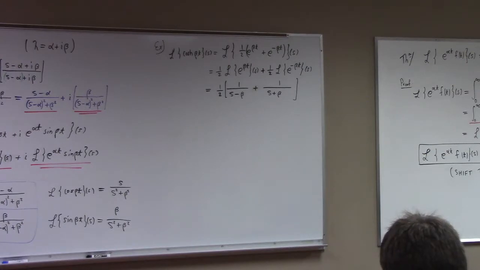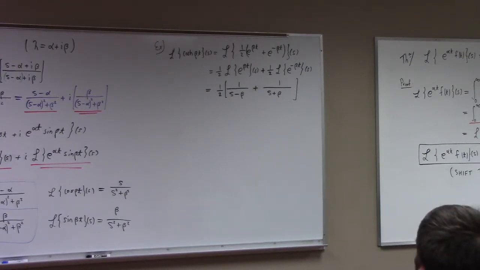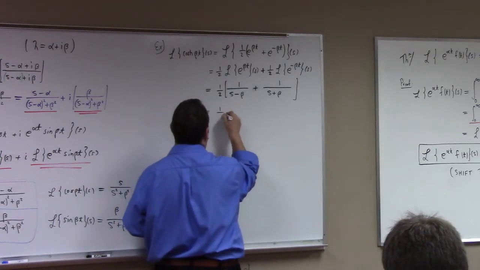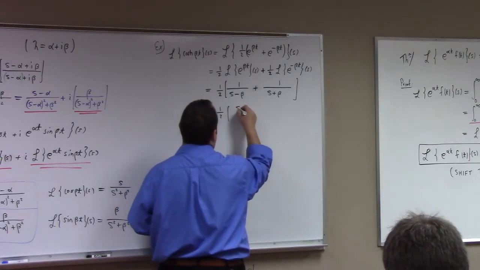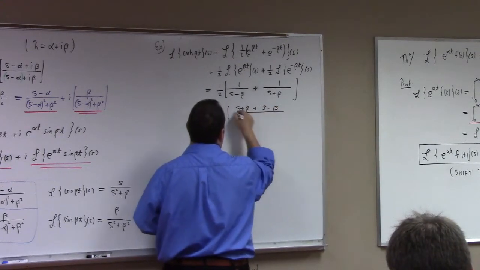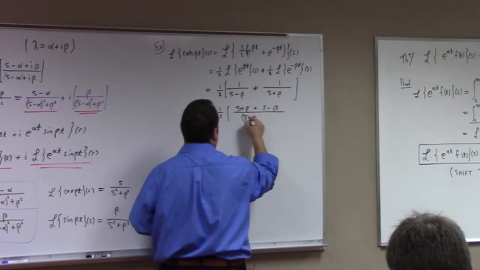Hey, just for kicks, what happens if we make a common denominator here? What happens with this expression? We'd have s plus beta plus s minus beta, divided by (s plus beta) times (s minus beta).